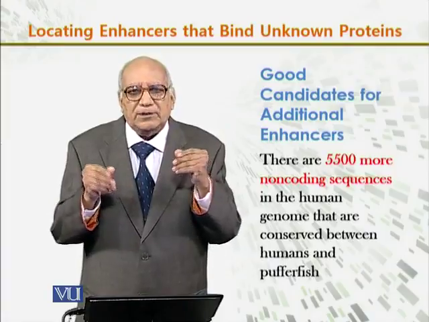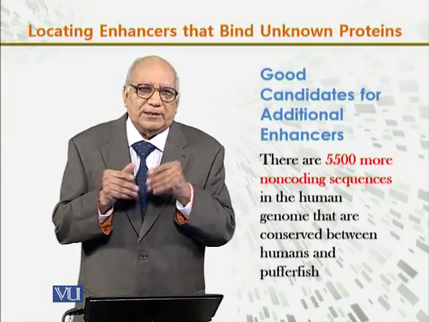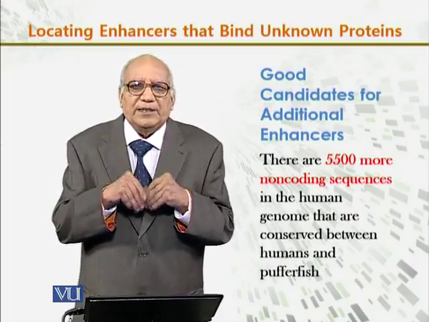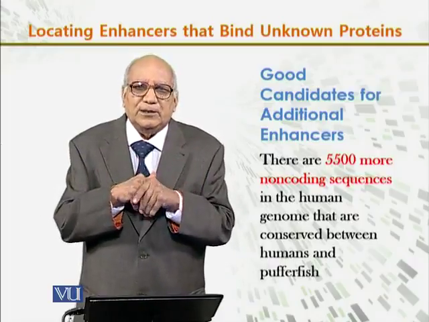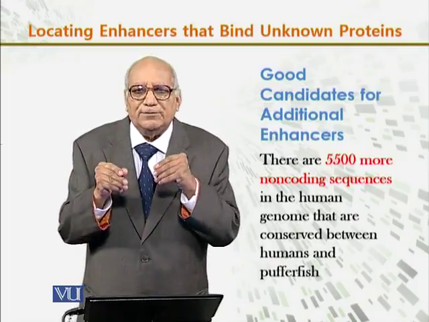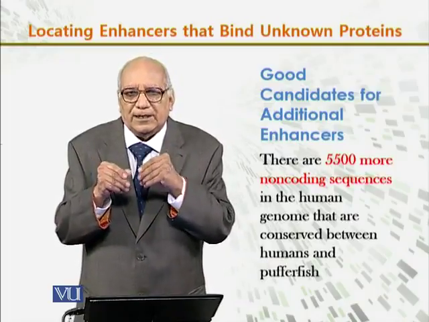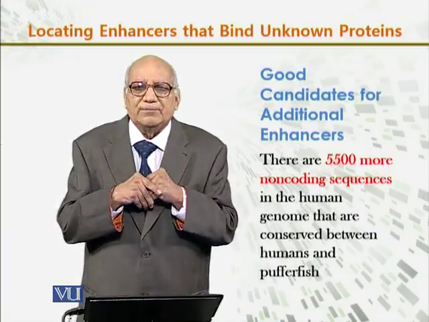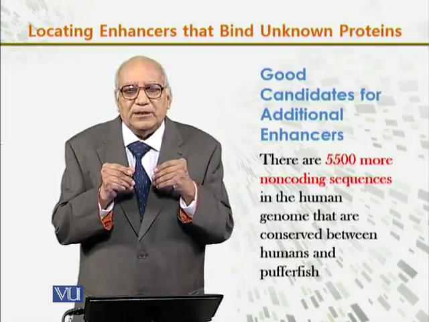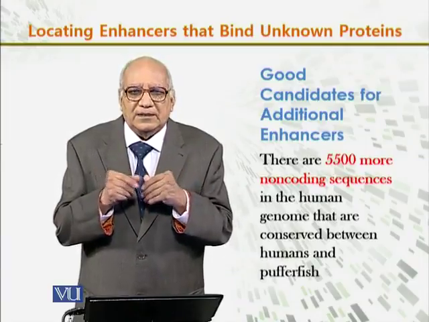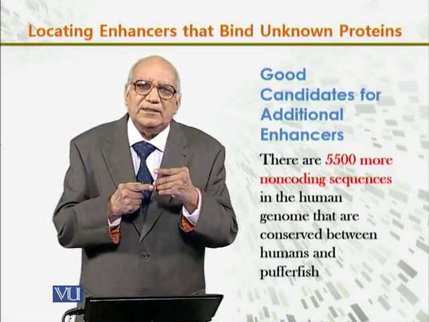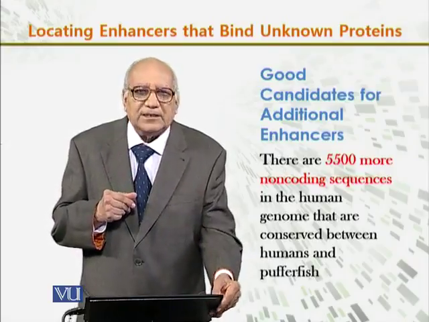At this point I must tell you that there are some sequences which are conserved in species during evolution. We found that 5,500 non-coding sequences in the human genome are conserved between humans and pufferfish species.